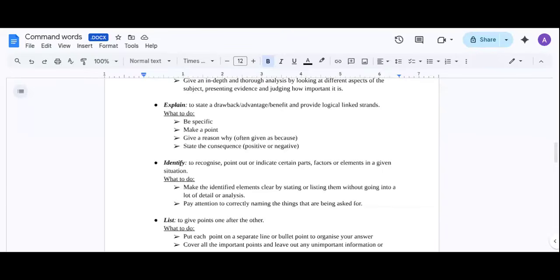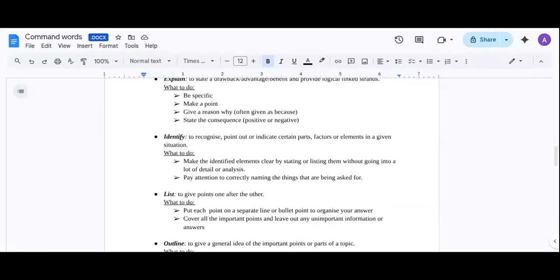Pay attention to correctly naming the things that are being asked for. So we would have used this example, identify a function of the family. This might just be for 1 mark because all they're asking you to do is state or list the item.